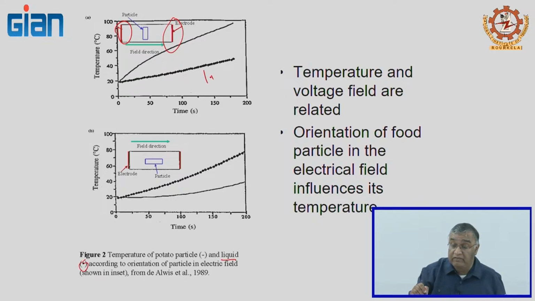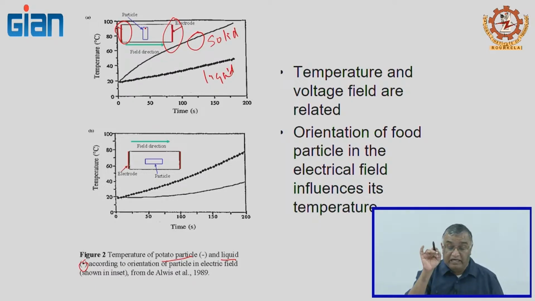So, this is the liquid, whereas the potato is here, this is the solid. So, this is when the field is kind of parallel to that, whereas here is the electric field and then the potato, and you can see that the same condition, but you just change the orientation, the heating rates of solids and liquid reverse under these conditions.